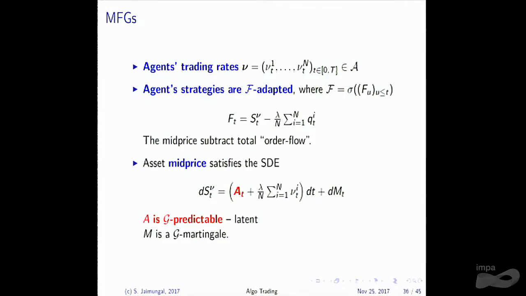So it's predictable on some larger filtration. We do not have access to G. We have access to the filtration generated by F, and that's a subfiltration of G. But we have also the action of all other agents here, and M is some martingale. We don't have to specify it.